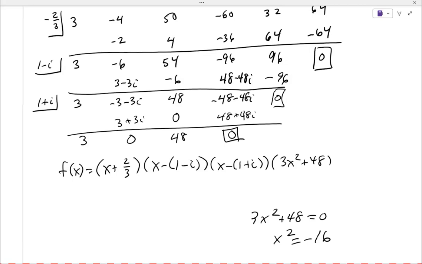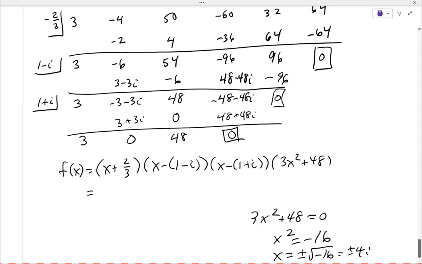So what happens when you take the square root of both sides? So you get plus or minus square root of negative 16. So we get plus or minus 4i. Good, yeah. The square root of the negative gives you the I. Square root of 16 is 4. And remember, anytime you do square root of both sides of an equation, you get plus or minus.